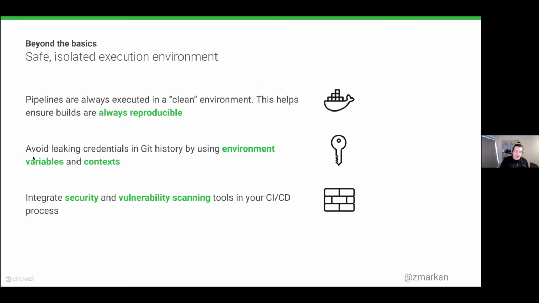The other aspect is that everything is isolated and executed in its own little container. Every pipeline, every build that runs, is always executed in a clean environment. That could be a new Docker container, it could be a new virtual machine.